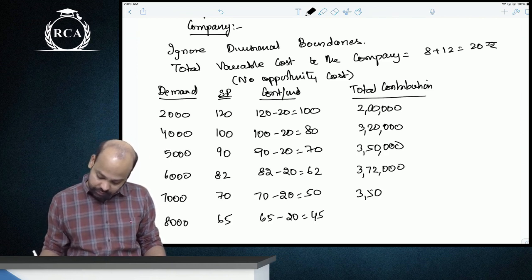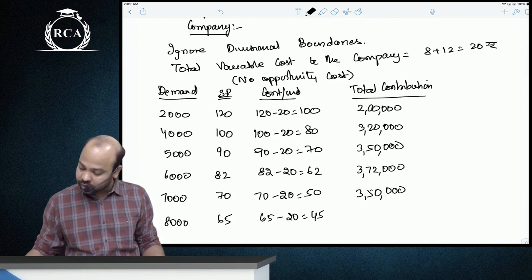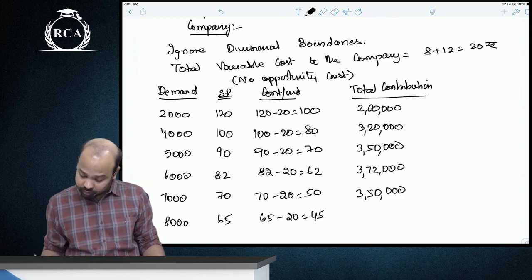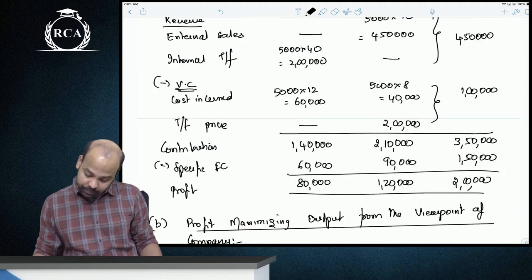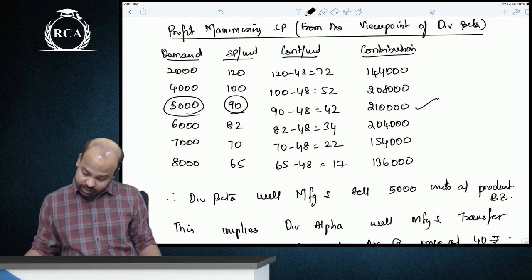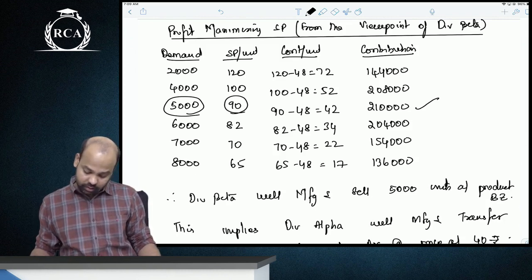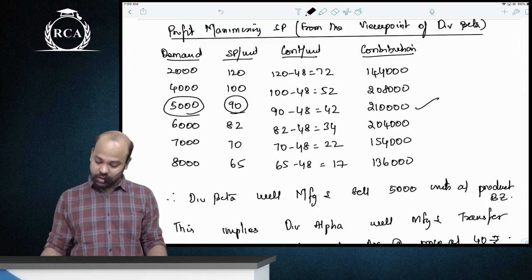This is 3 lakh 50,000 again. 8000 into 45 beta should be 3 lakh 60,000. Profit is increasing, so was this correct? 8000 into 17 is 1 lakh 36. Yes, guys.